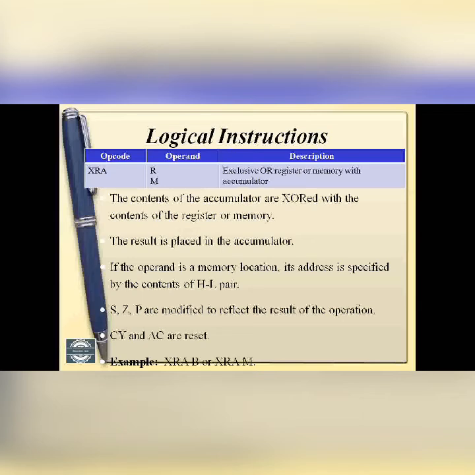See here, XOR operation, you know it, when one value is 0 and the other 1, or 1 and 0, then only it gives you the positive reply. And for OR operation, if any of the values is 1, then it will give you 1. Here also the same thing will come.